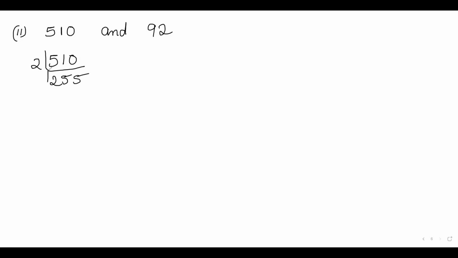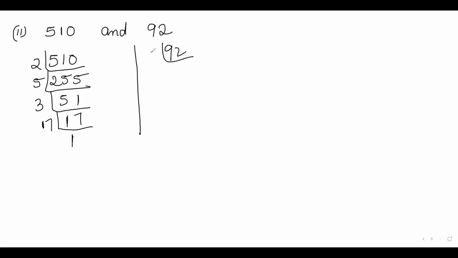Now I will factorize with 5. 5 5s are 25. Then 3, 7, 17, and 92 gives 46, 23.